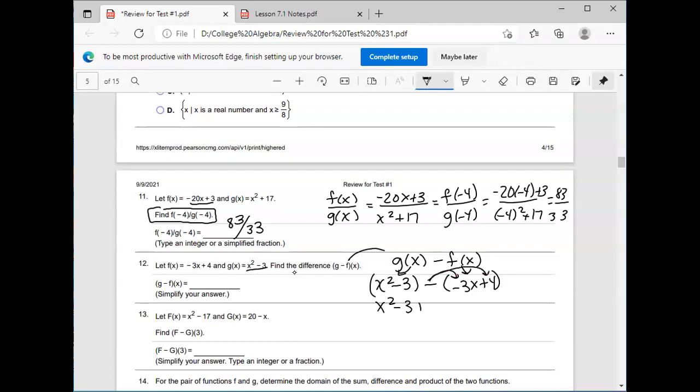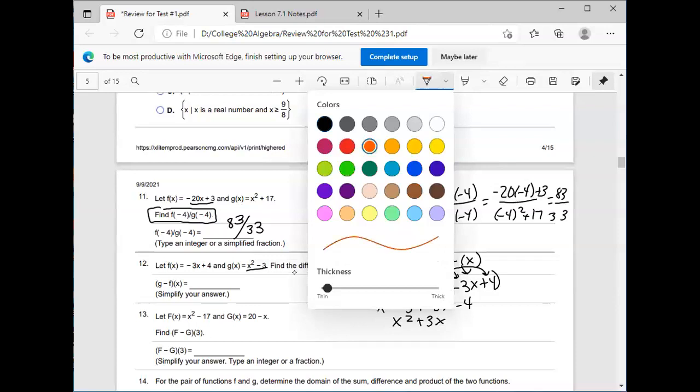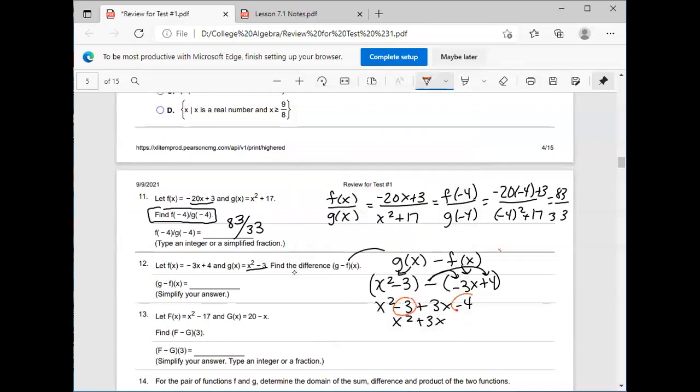So that's going to end up being a positive 3x and then minus 4. And when we combine like terms, we could combine the -3 and the -4 and get a -7. But x squared and the 3x, they don't have anything to go with them. So my final answer would be x squared plus 3x minus 7.